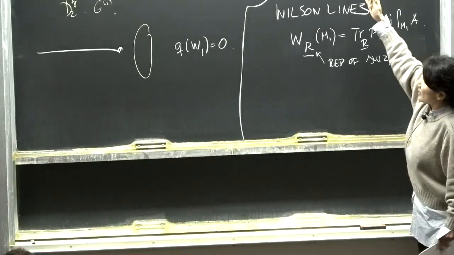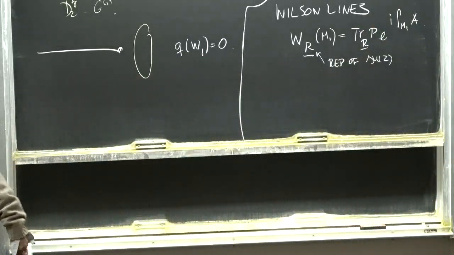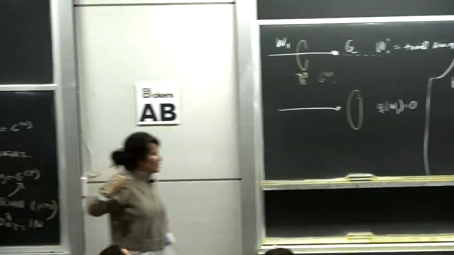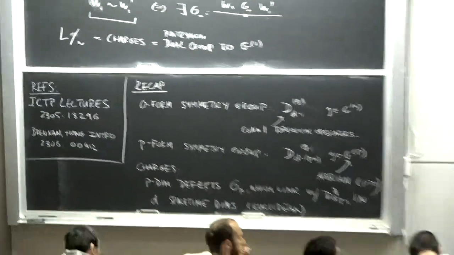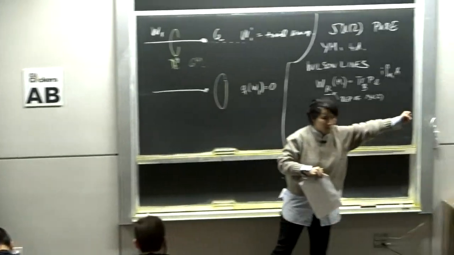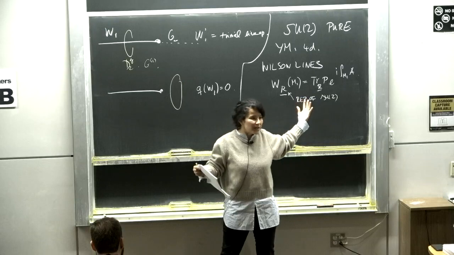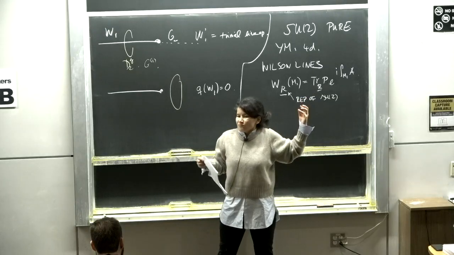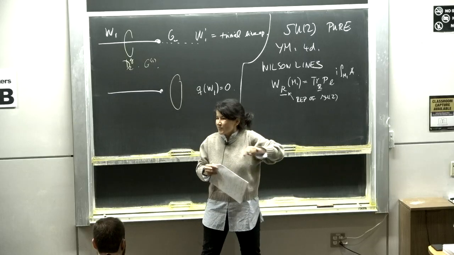So what kind of Wilson lines do we have in a pure gauge theory in 4 dimensions? You should think of this Wilson line as an infinitely massive probe particle, and its world line. So what kind of line operators do we have in a pure SU2 gauge theory? What representations?